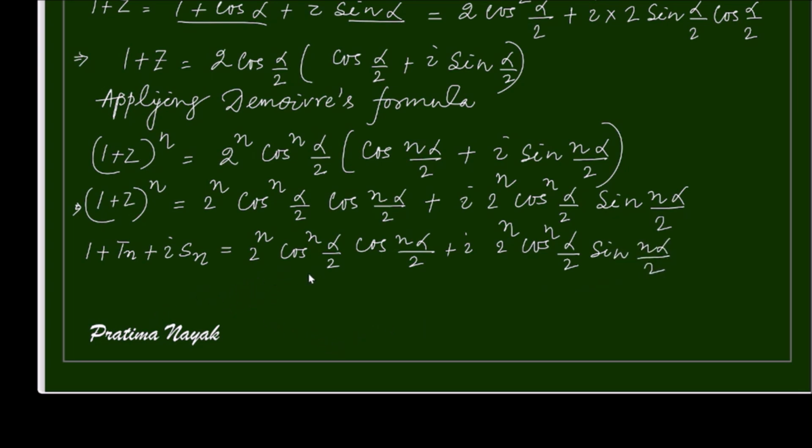So next we will compare the real part with real part and imaginary with imaginary. So 1 plus Tn is the real part, that will be the first one, and this will be the imaginary part. So Sn is equal to 2 power n cos power n alpha by 2 sin n alpha by 2.